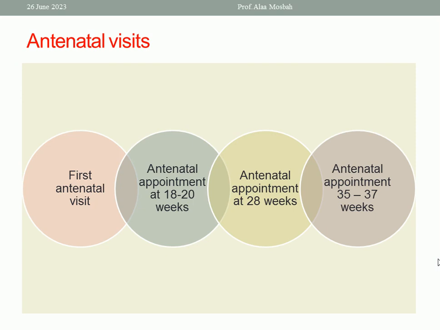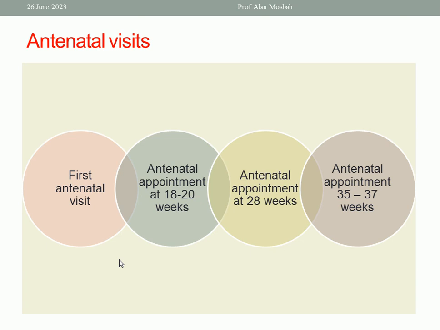Okay, what about the antenatal visits? The minimum required, as mentioned by WHO, is 4. One at the first trimester, we call it the first antenatal visit. Second one, an antenatal appointment at 18 to 20 weeks gestational age. Then another antenatal appointment at 28 weeks.